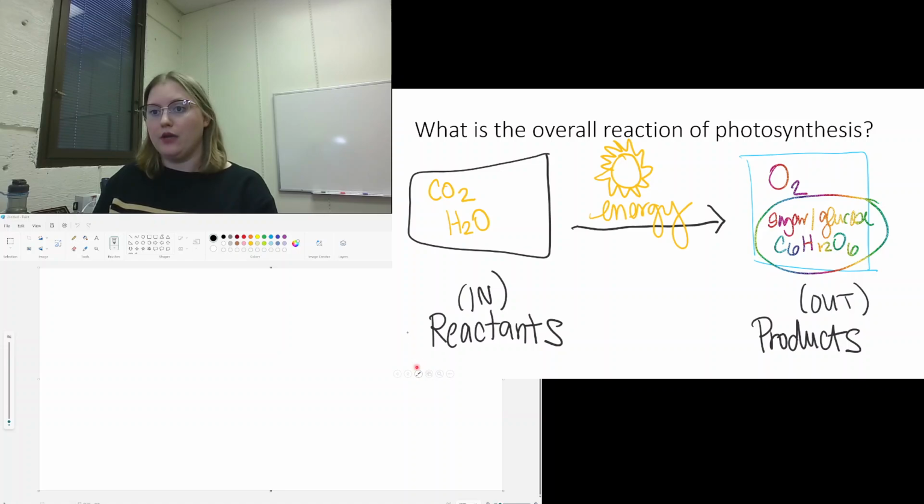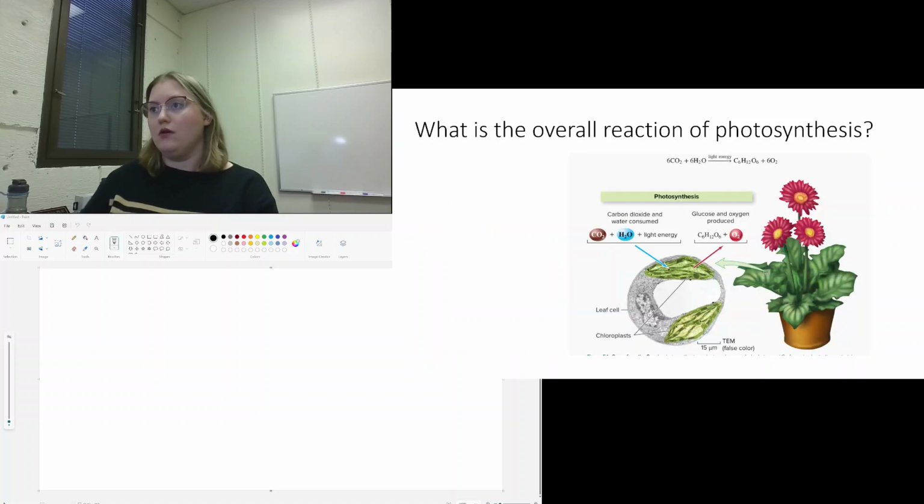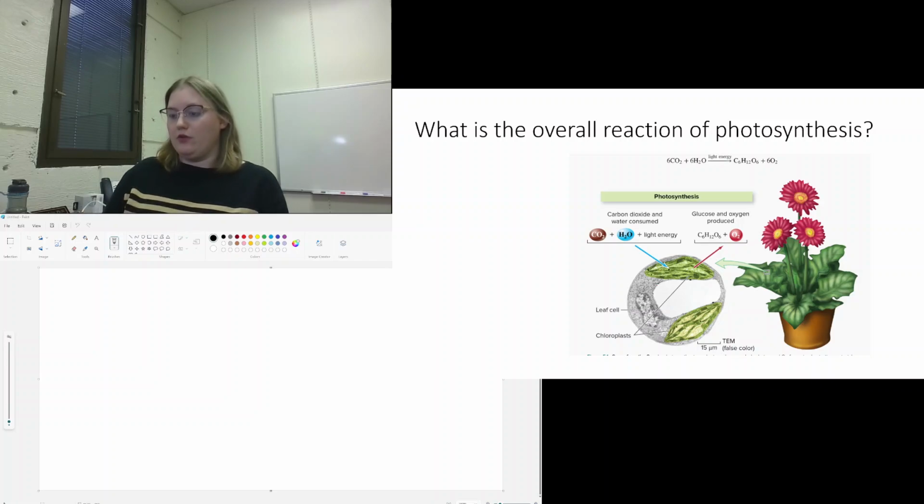So let's switch back to pen. Let's think about this for a moment. We talked about carbon dioxide. Where do we get our carbon dioxide from? We get it from the air, right? So air has CO2, and that CO2 goes into the leaves.